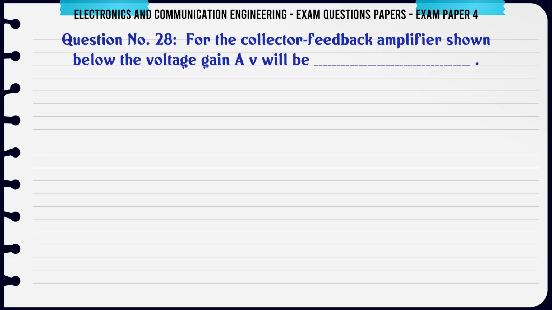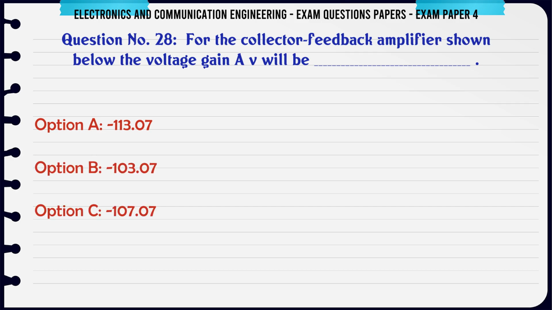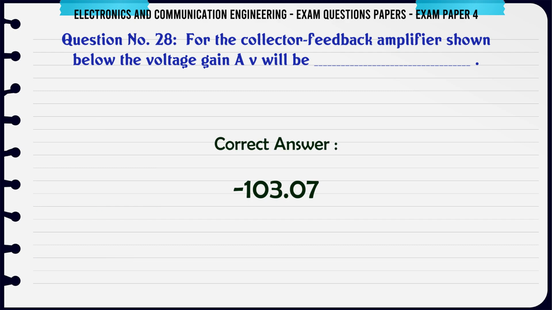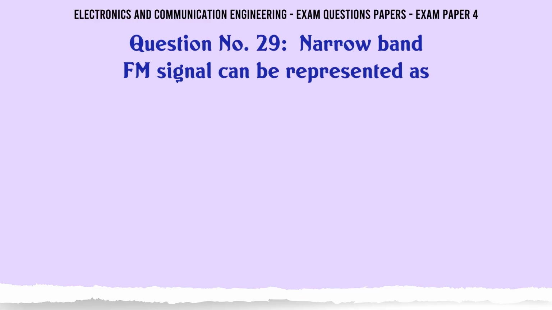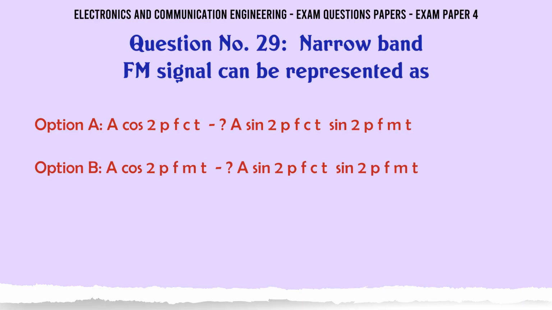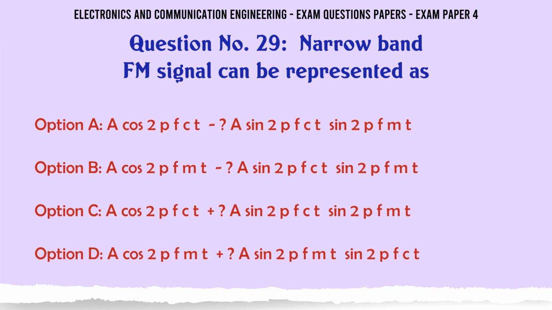For the collector feedback amplifier shown below, the voltage gain AV will be: A. 113.07, B. 103.07, C. 107.07, D. 93. The correct answer is 103.07. A narrowband FM signal can be represented as: A. A cos 2πfct, A sin 2πfct sin 2πfmt.